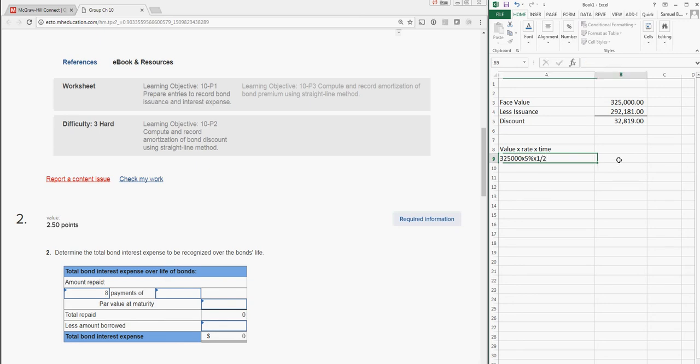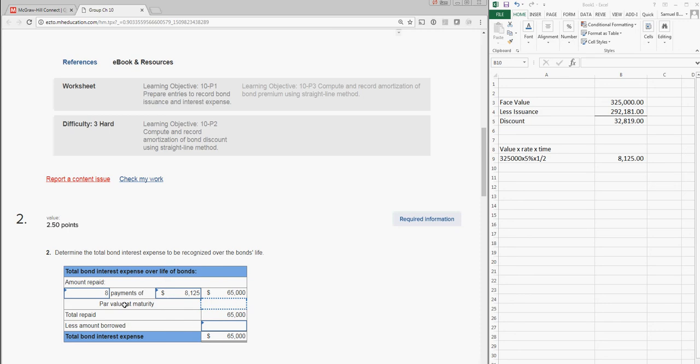So 325,000 times 0.05 times 1 divided by 2, I will get an interest payment of $8,125. And when I pay those 8 payments of $8,125, I will have paid in $65,000 worth of interest.